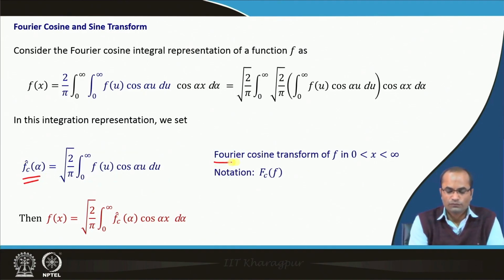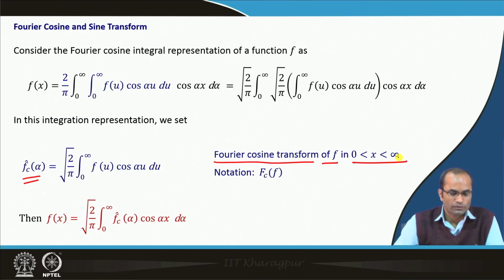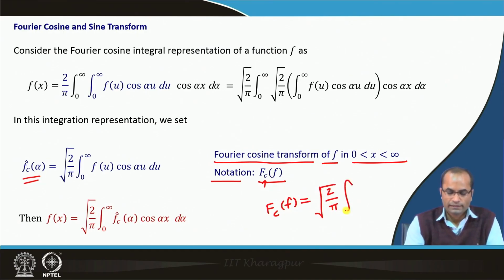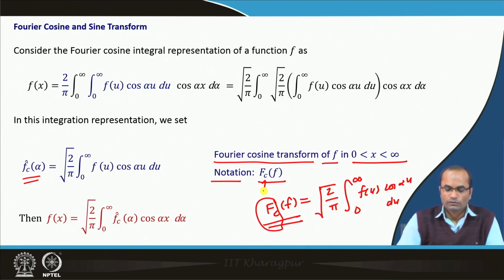So, this is called the Fourier cosine transform of f, and since we are talking about 0 to infinity, it is the Fourier cosine transform on 0 to infinity. The notation we usually use is F with subscript c for the cosine of f. Whenever we write the Fourier cosine transform of f, as per this definition, this will be square root of 2 over pi times the integral from 0 to infinity of f(u) cos(alpha u) du.